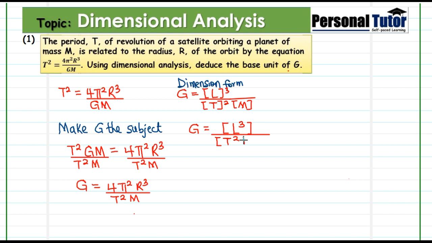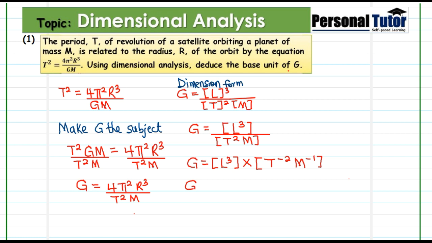Then times M will become T squared M. Still on the G, let's maintain the numerator. So still L to the power 3. Then the division sign is changed to multiplication. That is, I'm trying to bring these ones up. When they come up, they are negated. And so T, the power 2, will now become negative 2. M was originally to the power positive 1. It will now become negative 1.